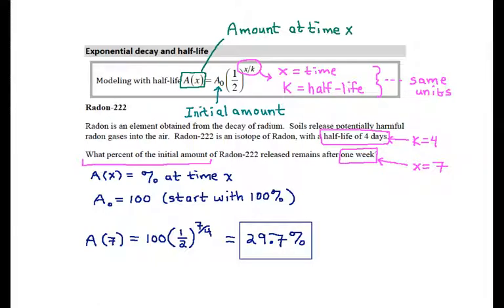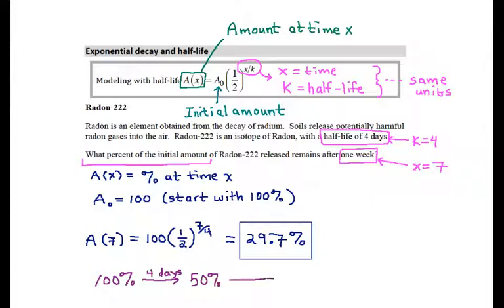Let's check and see that this seems reasonable in the context. We started with 100% of the original amount. After 1 half-life, which in this case is 4 days, we should have half of that amount, which is 50%.